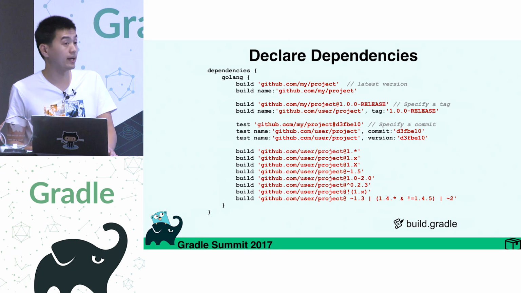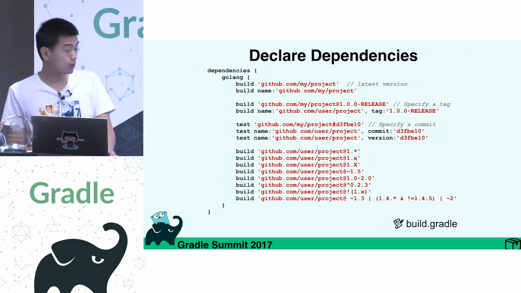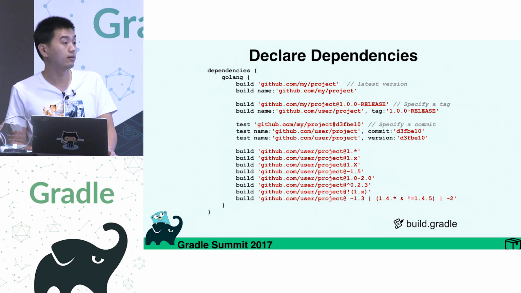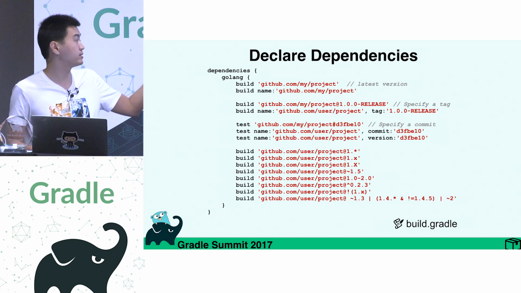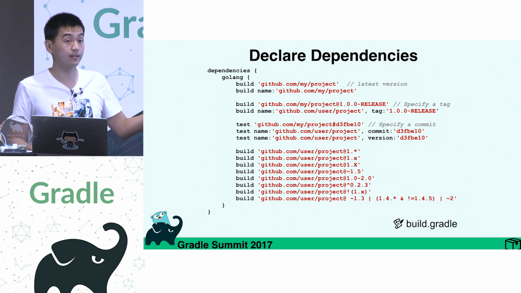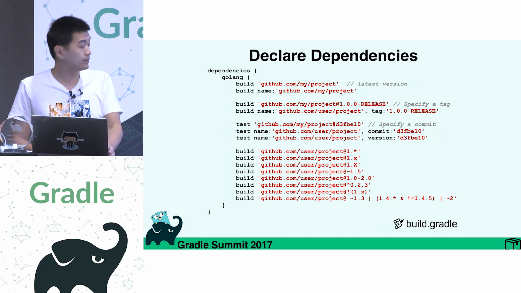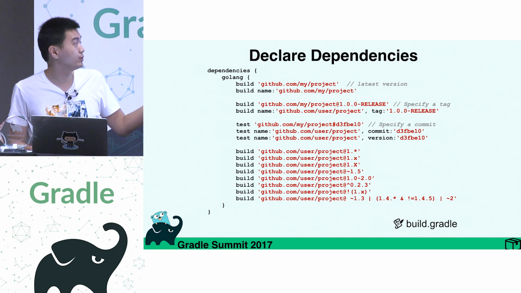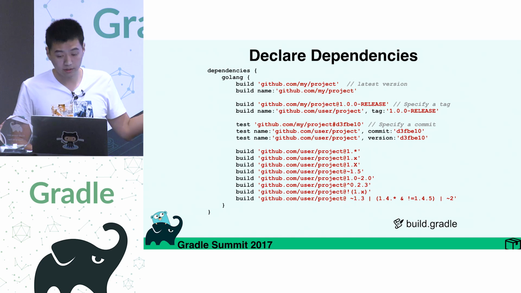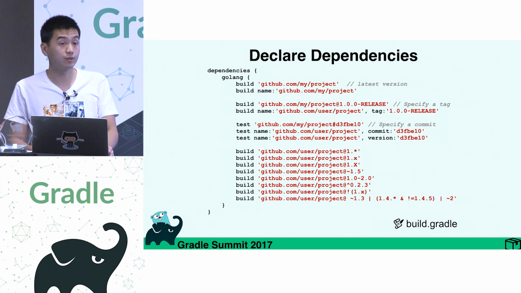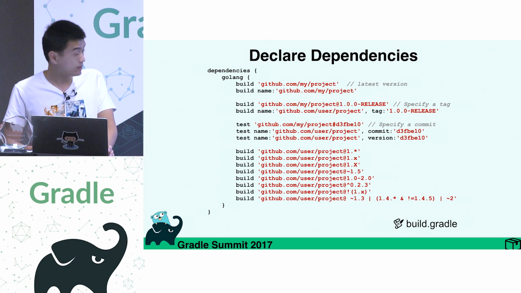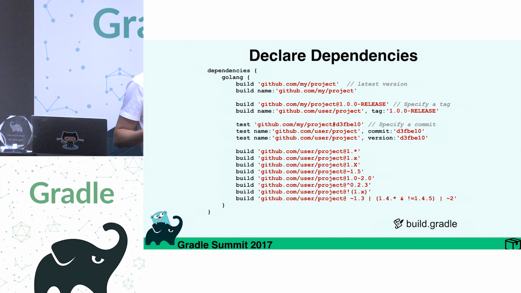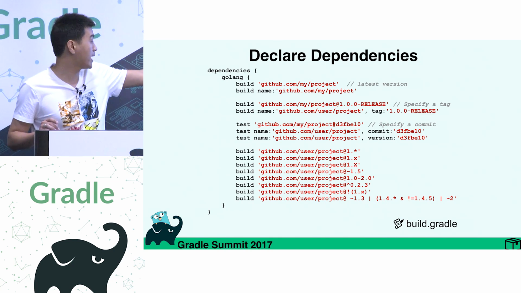Here are the dependency declarations. Gogradle will also isolate dependency packages into different configurations such as build and test, just like Gradle. And the difference is that it uses tag, commit, and name instead of group ID and artifact ID in Gradle DSLs. And here you can use the short form and the semantic version.